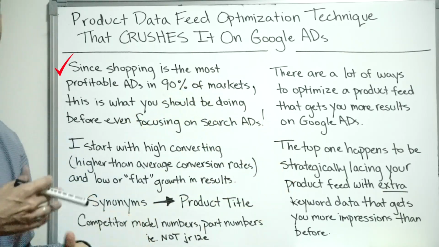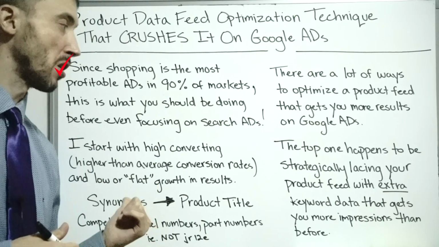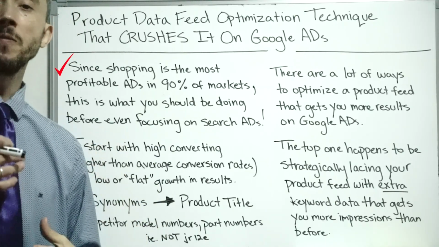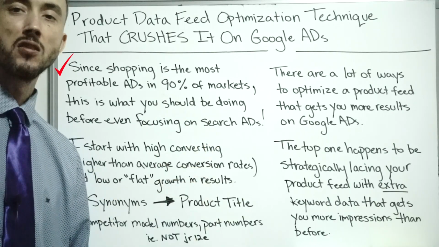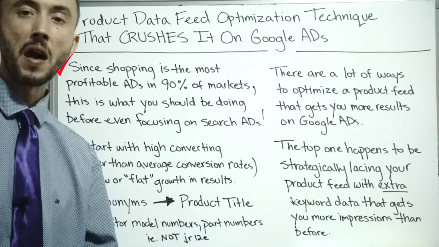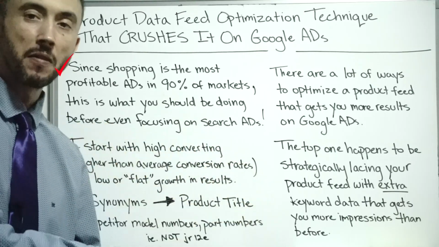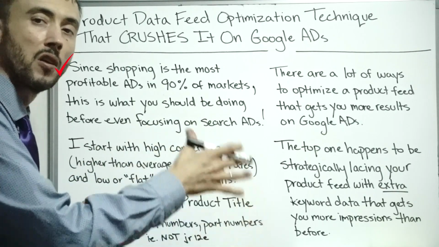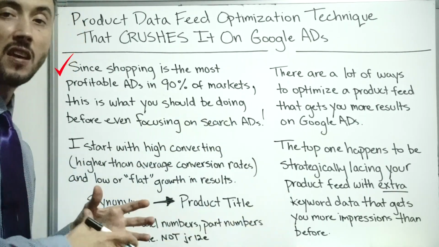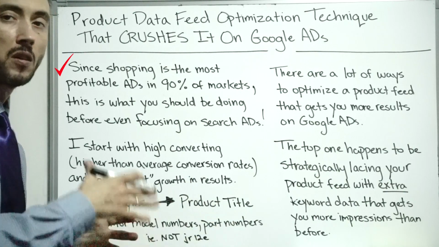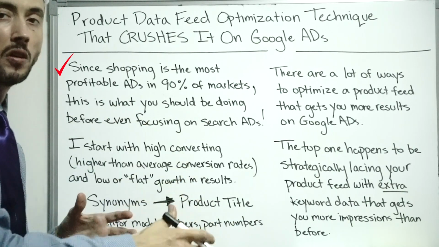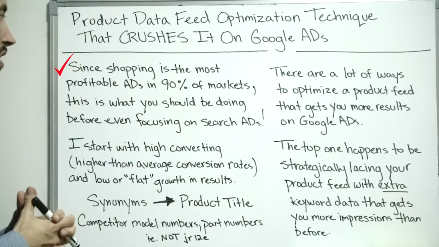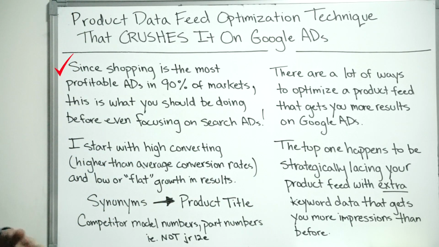In other words, the time and effort you put into this method that I'm sharing with you here, adding keyword data to your product feed, you'll get better bang for your buck doing that than trying to get your search ads to work better, because of how profitable shopping ads are and how predictable this method of adding keyword data to your product feed to enhance the feed data is, so Google can get you more results. It's how sure it is to get you more results at the end of the day.